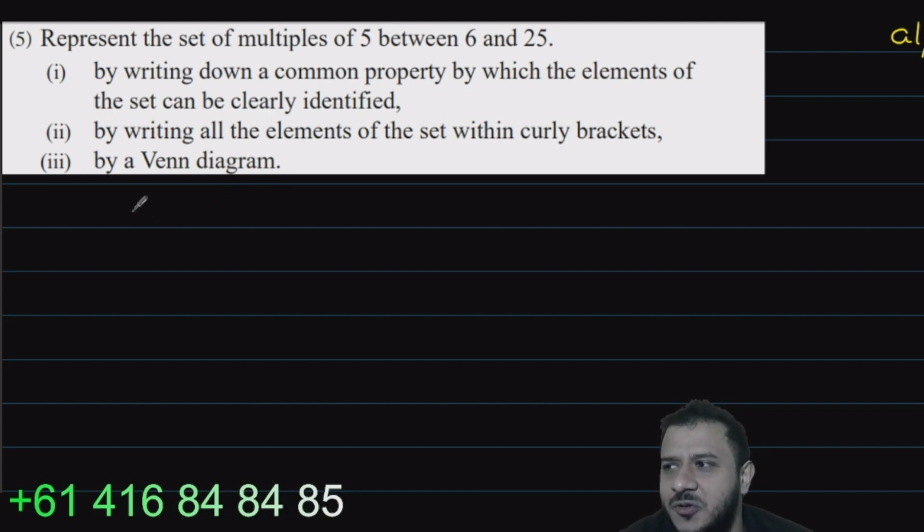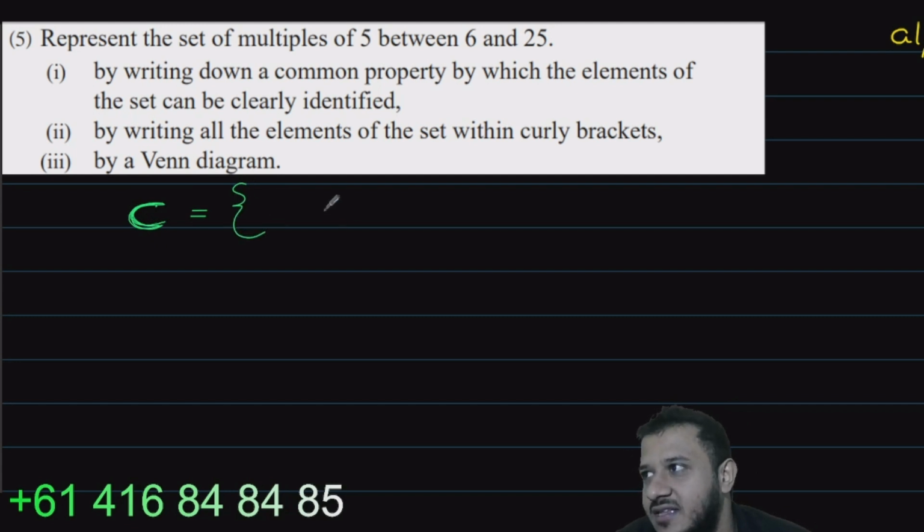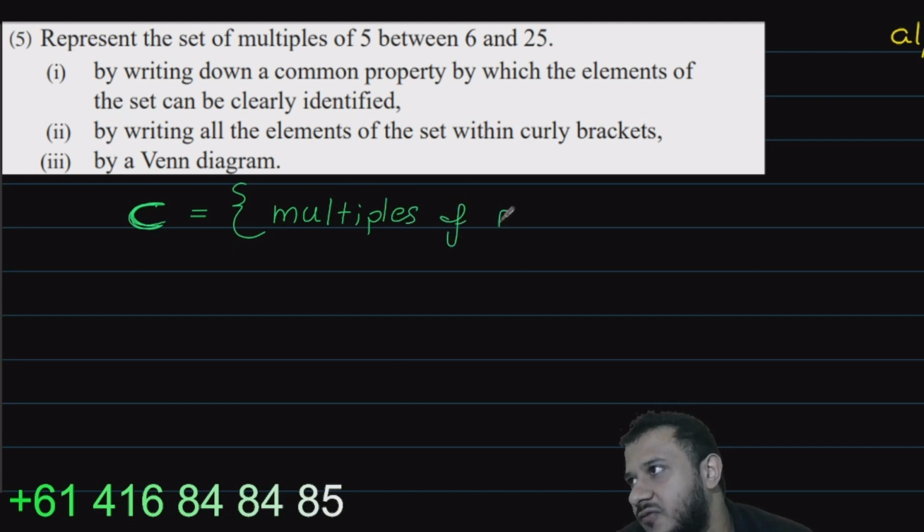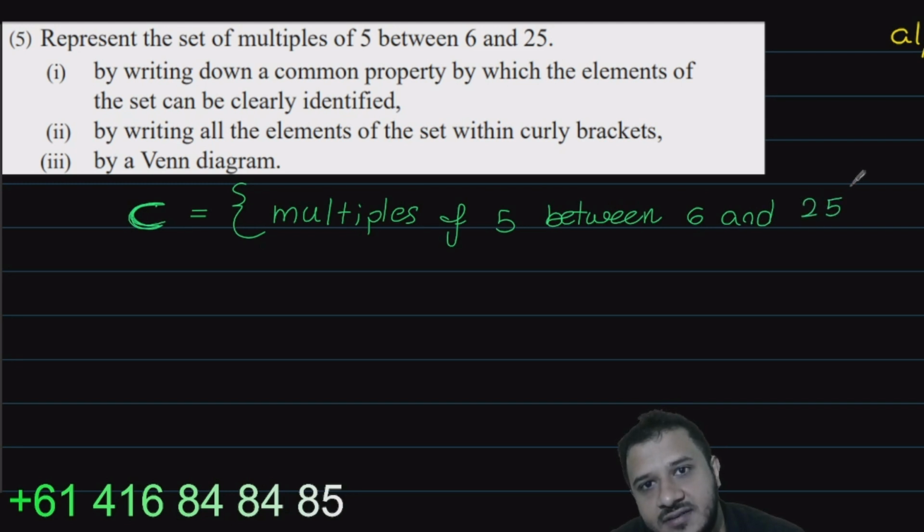Let's use letter C. Always a set should have a letter. C equals, and the common property is multiples of 5 between 6 and 25. That's it.